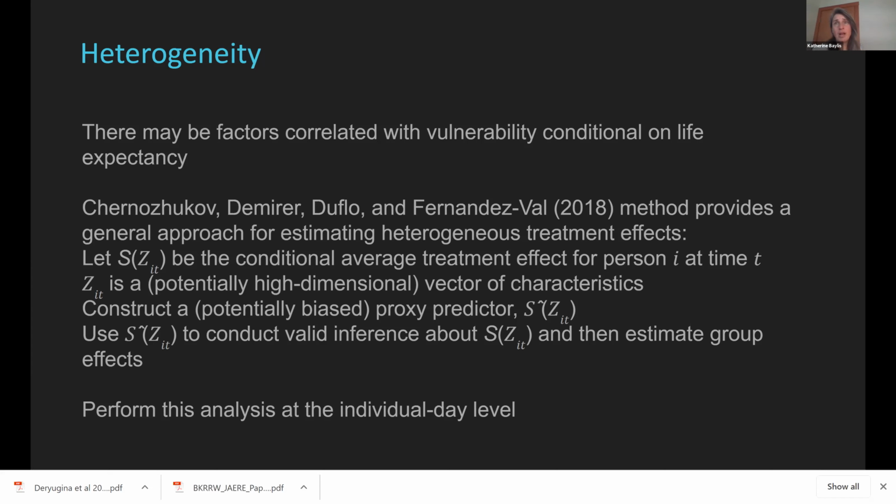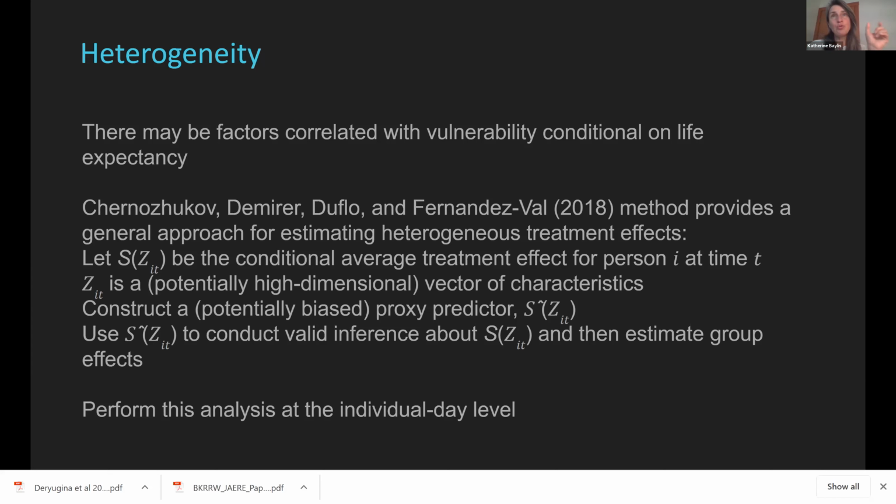So here, basically the idea is that you are going to try and predict a conditional average treatment effect for each individual. So given a set of characteristics, what is the treatment effect of air pollution on that individual? Knowing that estimate could well be biased, because the effect is going to be correlated with a bunch of characteristics, some of which you observe, some of which you don't.